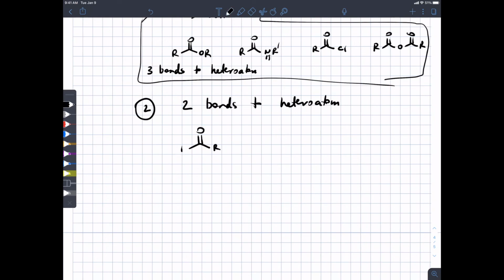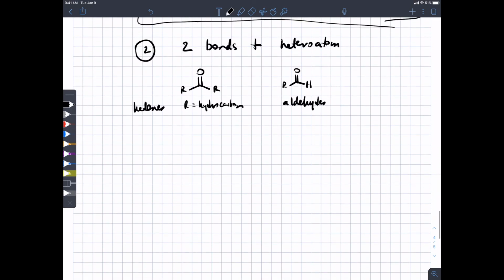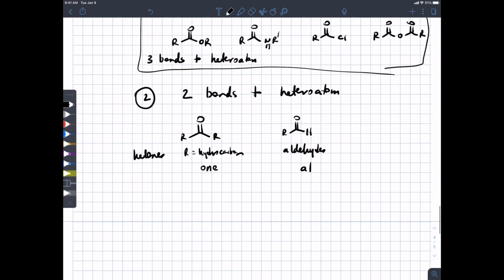So where R equals hydrocarbon, or aldehydes. It's useful to know the suffix here, "-one" for the ketone and "-al" for the aldehyde.